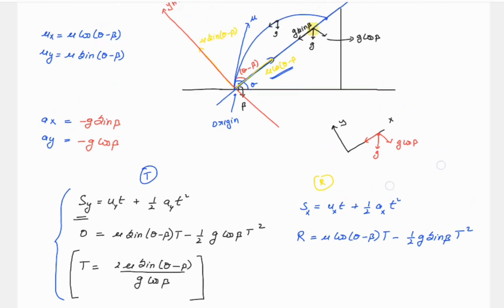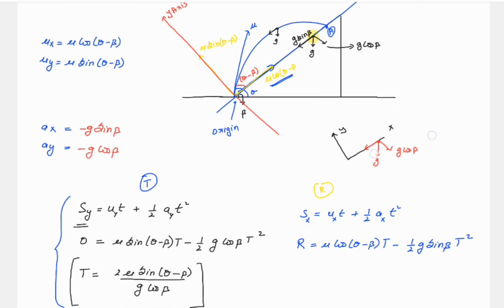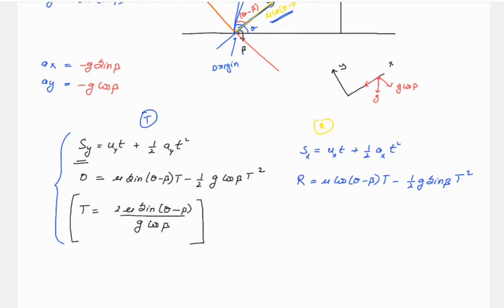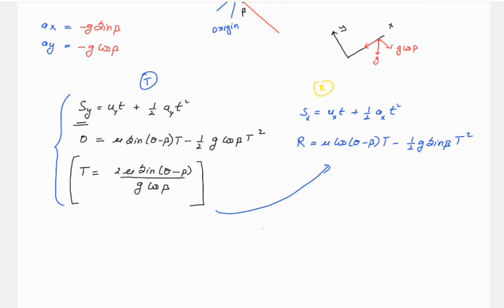T square is the time that we have taken to reach from origin to this specific point A. So you need to put the t value over here, you will get the range. I'm writing the formula directly because no need to learn this.